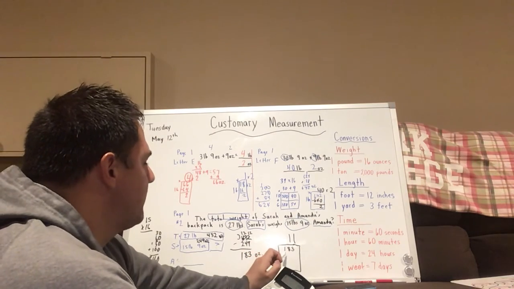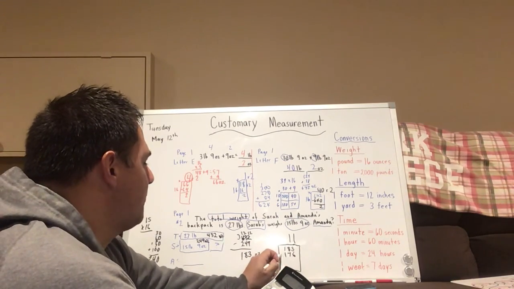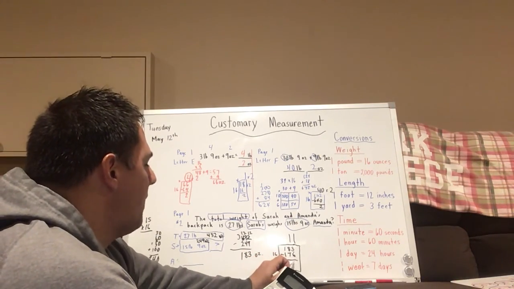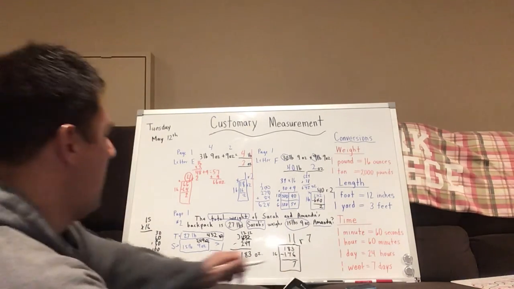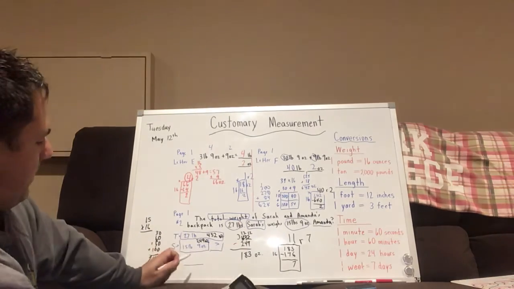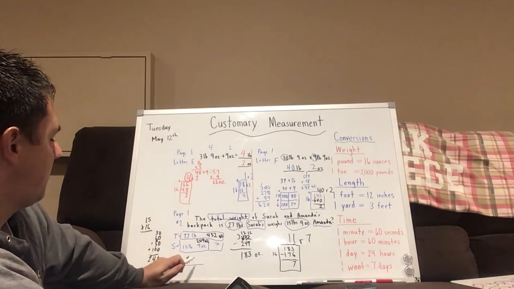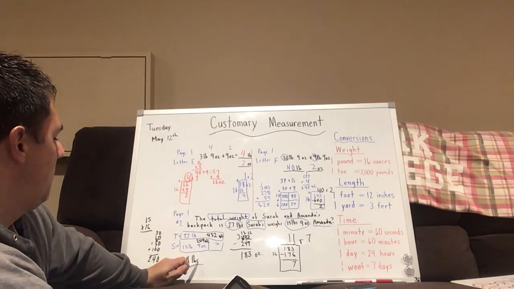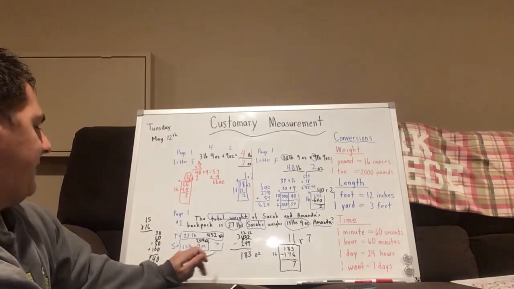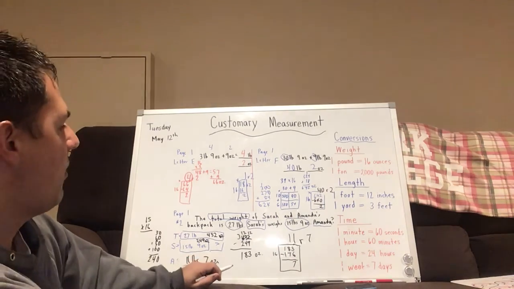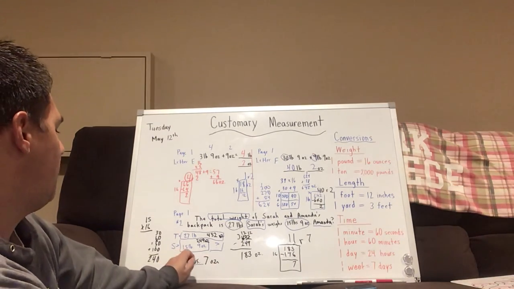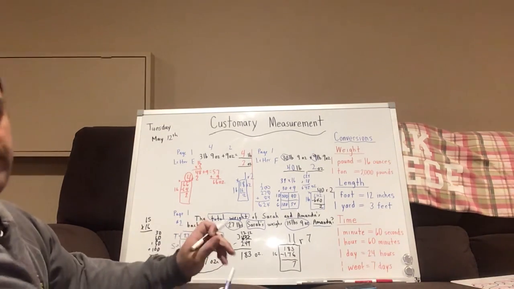That equals 176. And when I subtract this, I know that I would be left with 7. So 11, remainder 7. What that means is my whole number 11 is the amount of pounds. So 11 pounds. The remainder is the ounces, or the next unit, so it would be 7 ounces. So Amanda's weight would be 11 pounds, 7 ounces.